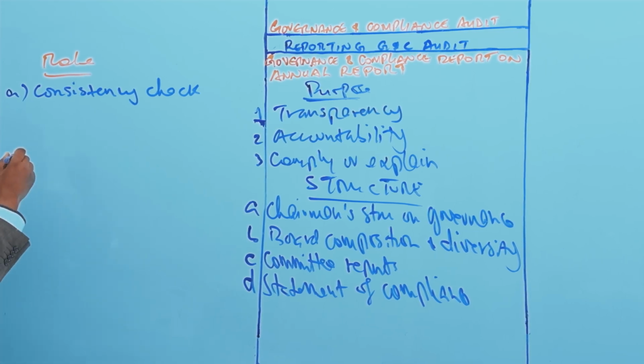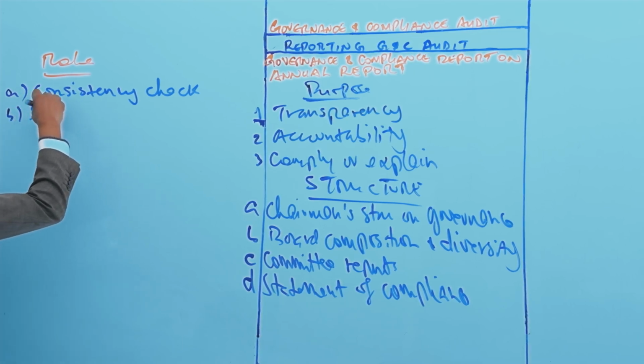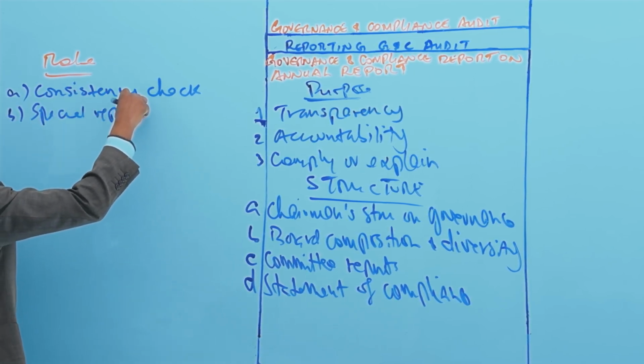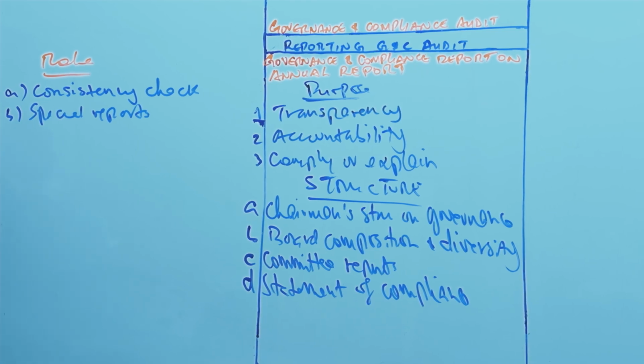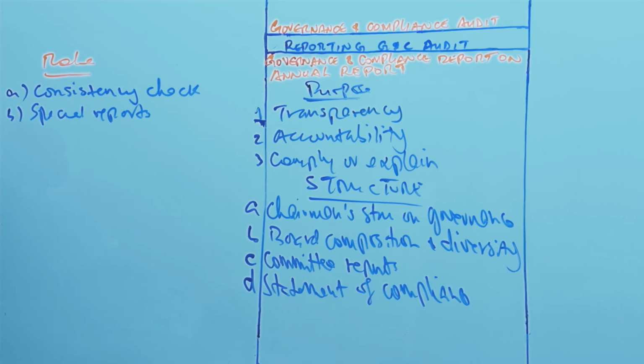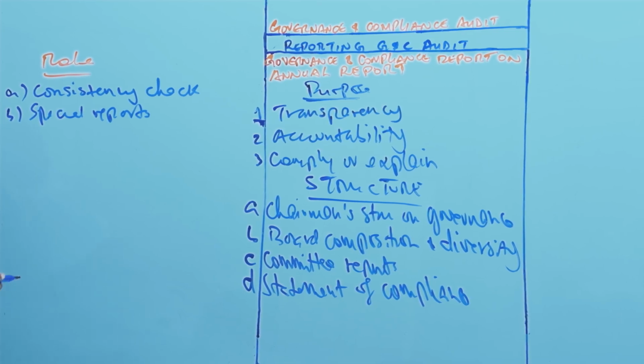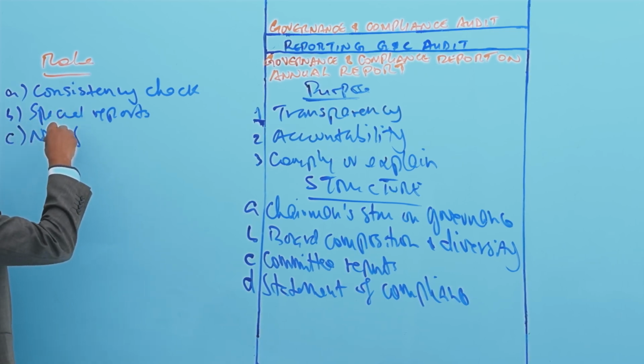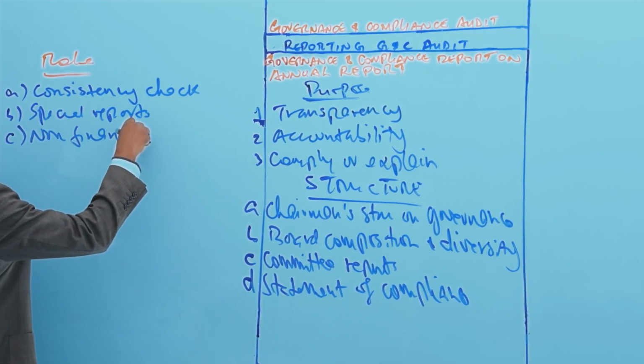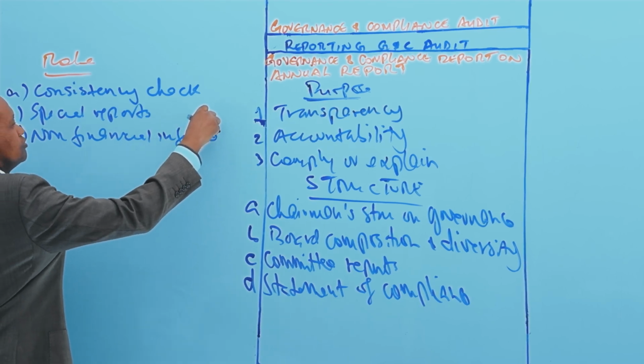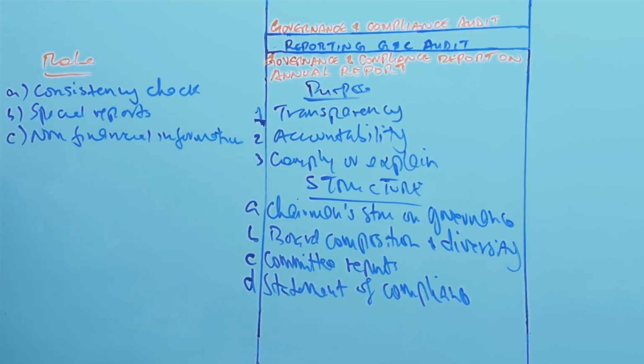Another role is in relation to special reports. In some jurisdictions, the auditor must issue a separate assurance report specifically on the statement of compliance. Another role is in relation to non-financial information.